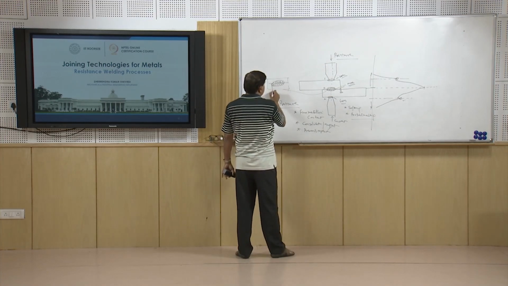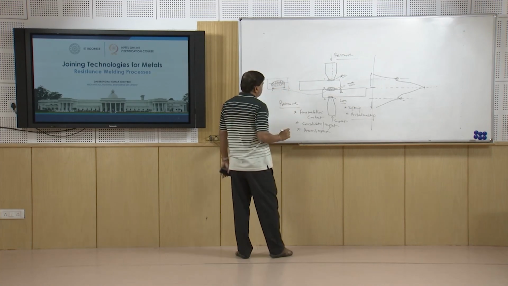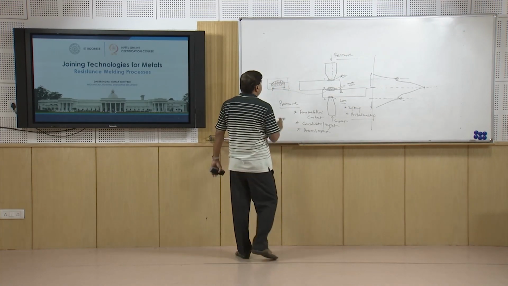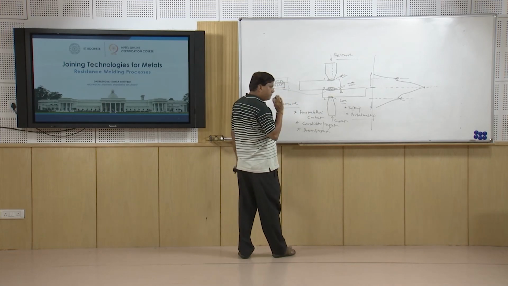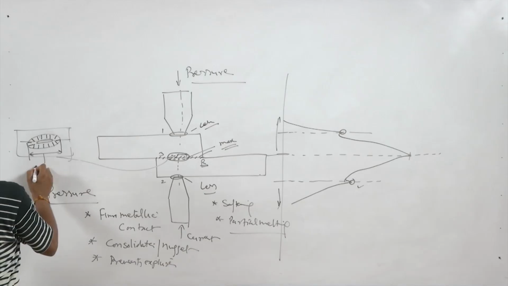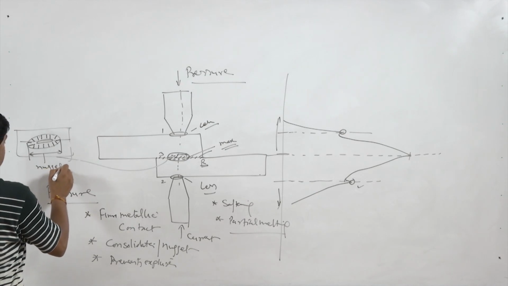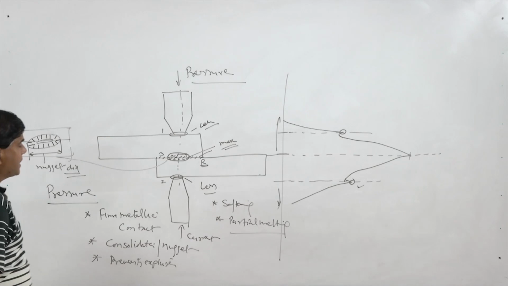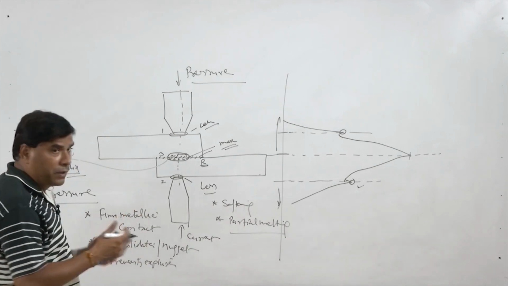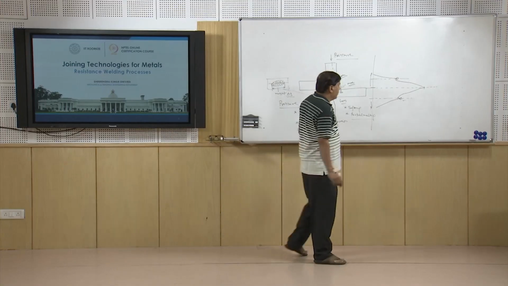This diameter of the melted portion, after solidification, results in the weld metal which is called the nugget, and this dimension is termed the nugget diameter, and this significantly determines the load carrying capacity of the weld joint.